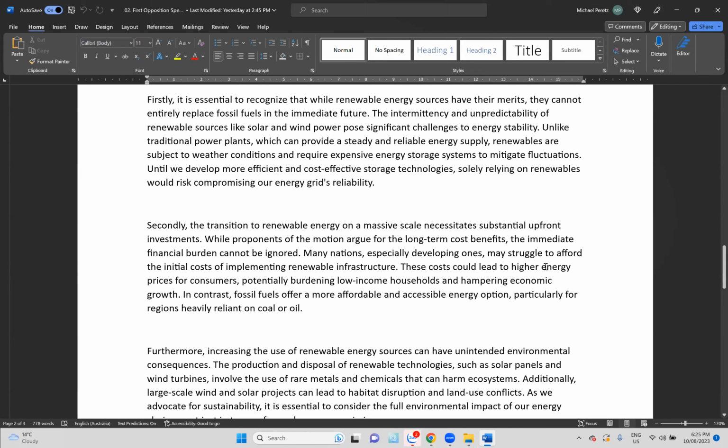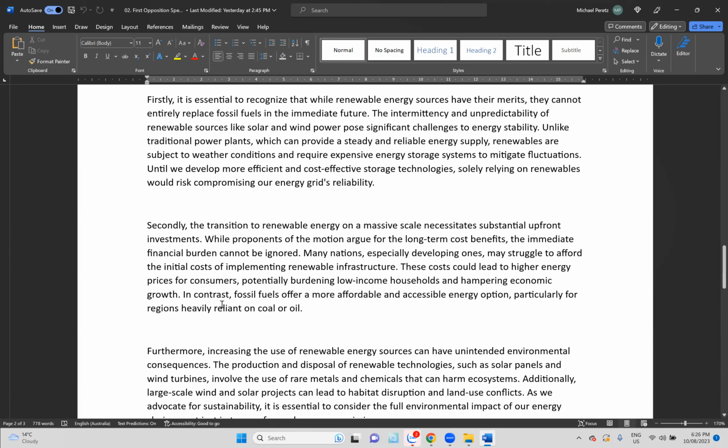These costs could lead to higher energy prices for consumers, potentially burdening low-income households and hampering economic growth. So they're saying this could be so expensive, in fact, that it could pretty much derail an entire country's economy. It could be that bad.